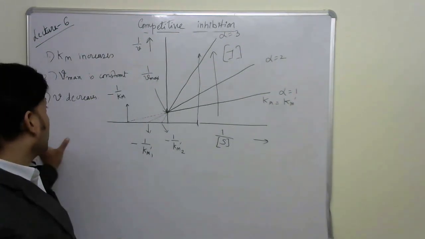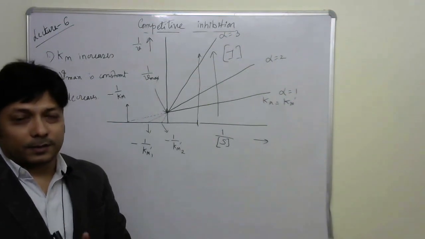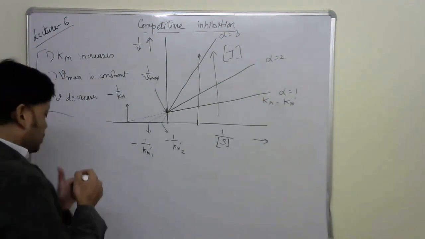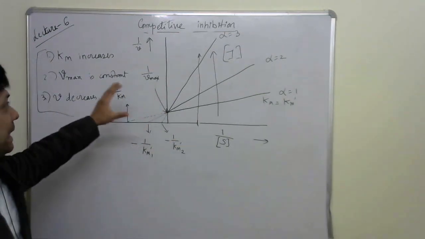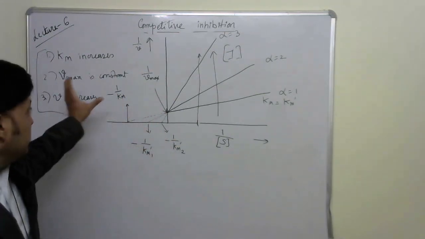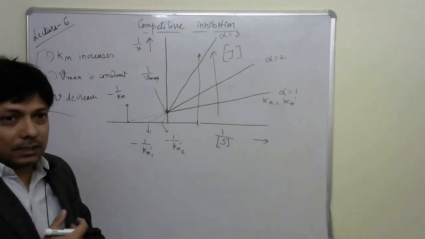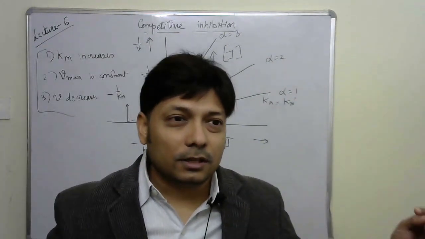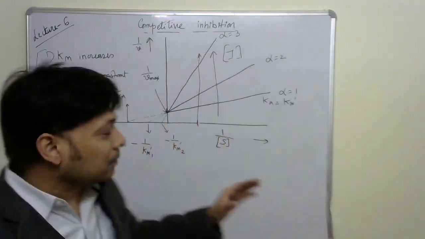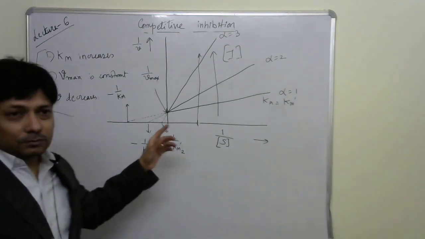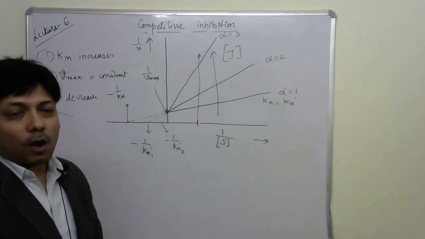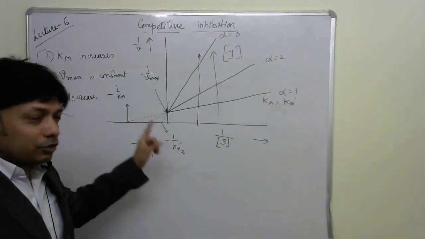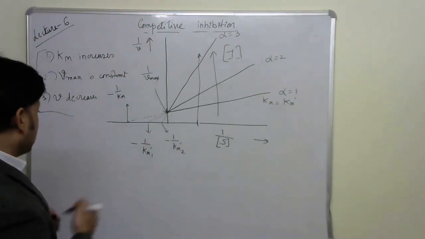That means it would reach there, but slowly. Therefore, these three salient features tell how the inhibition is successful. The enzyme is unable to do its best because it needs a higher substrate concentration to reach the maximal velocity, and that makes the velocity slow down.